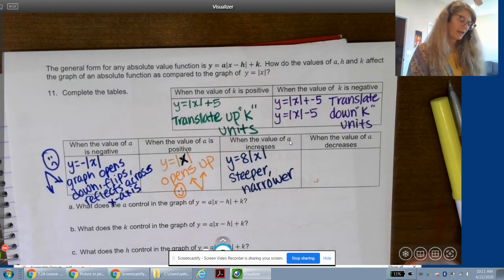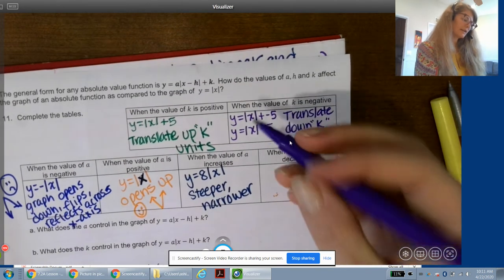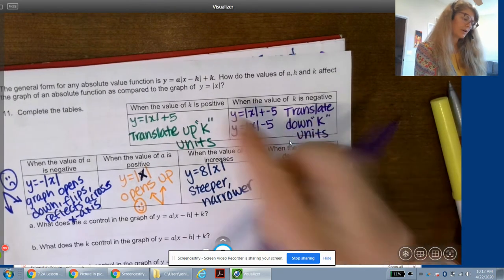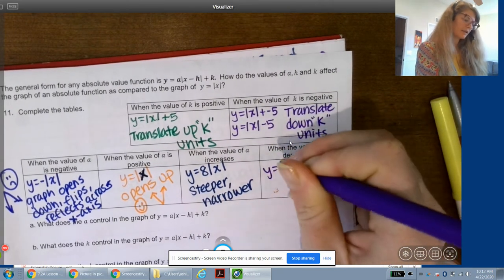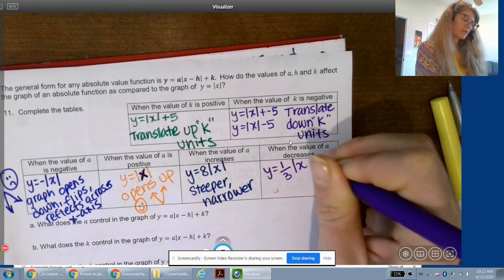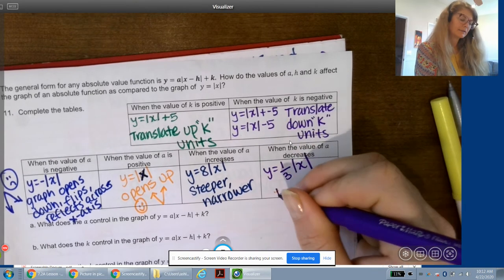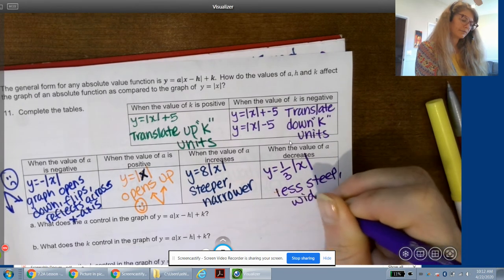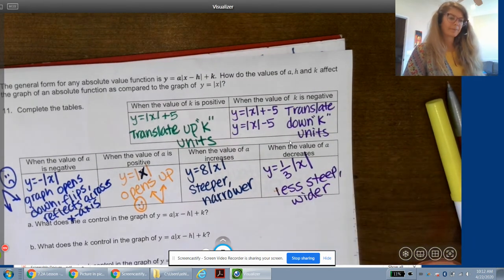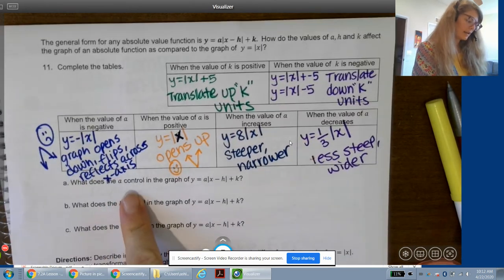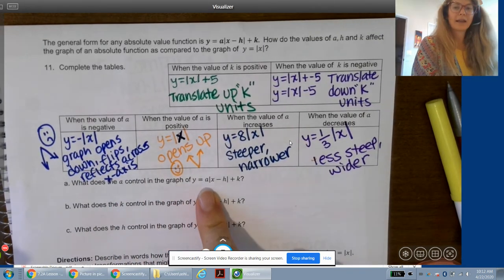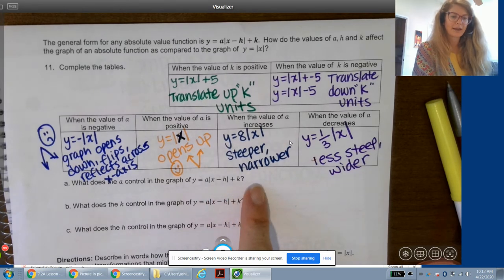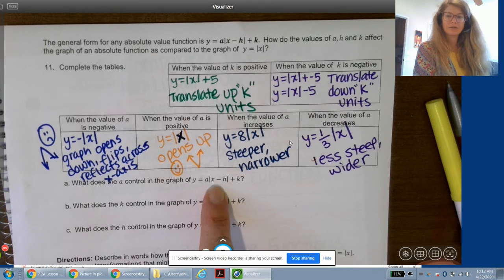When the value of a decreases, what do we know? Let's say from y equals the absolute value of x, we get y equals a third the absolute value of x. Then we're going to get less steep and wider. So what does the a control in the graph of y equals a times the absolute value of x minus h, all plus k? Remember that a gets multiplied after you take the absolute value, so it's affecting your output.